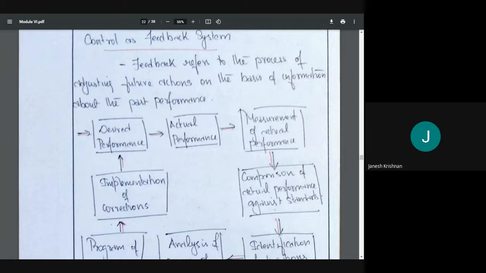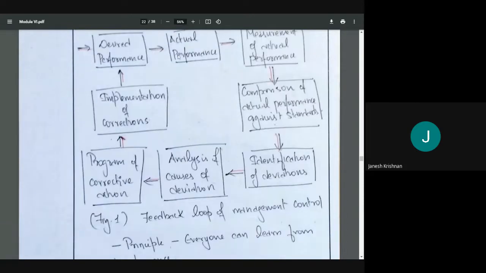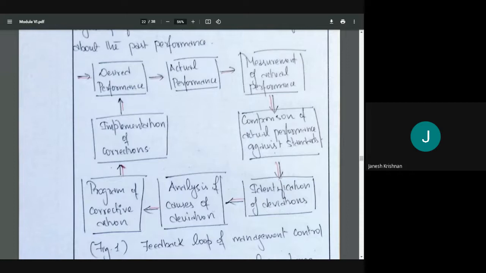So how can controlling be used here? We have a desired performance, that is, the standards which have been set. Now we have our actual performance, how we have performed. So we measure the actual performance.